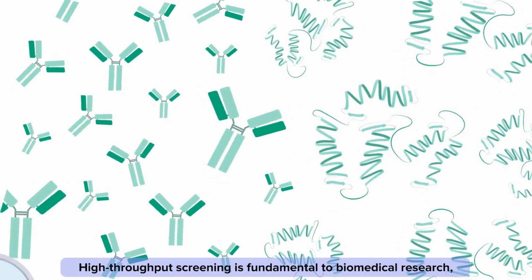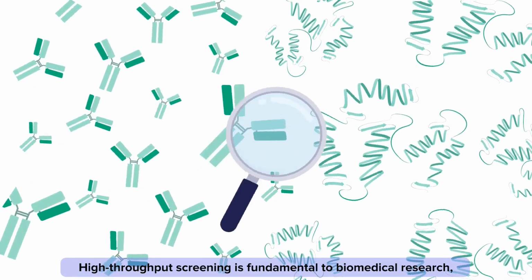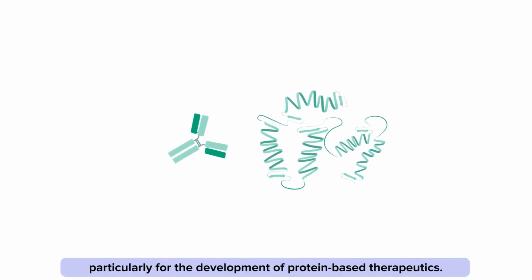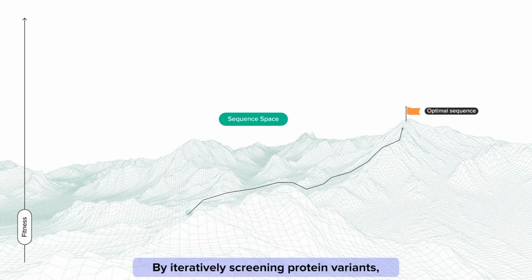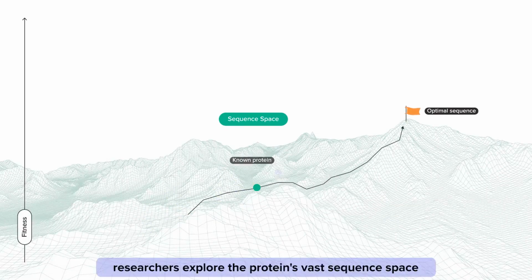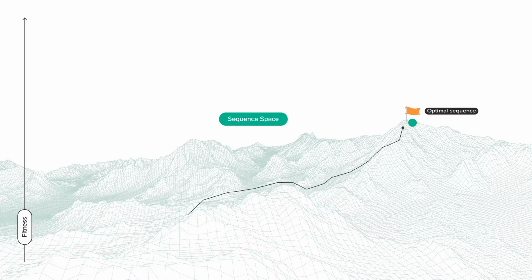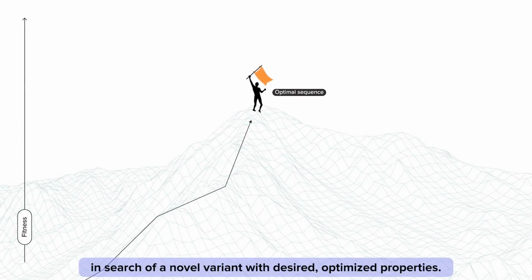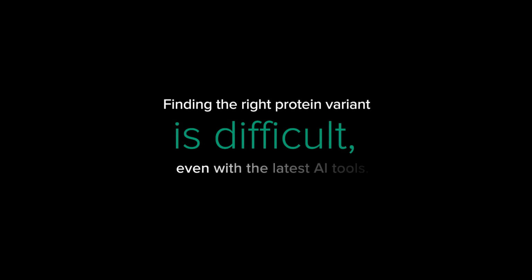High-throughput screening is fundamental to biomedical research, particularly for the development of protein-based therapeutics. By iteratively screening protein variants, researchers explore a protein's vast sequence space in search of a novel variant with desired optimized properties. However, finding the right protein variant is difficult, even with the latest AI tools.